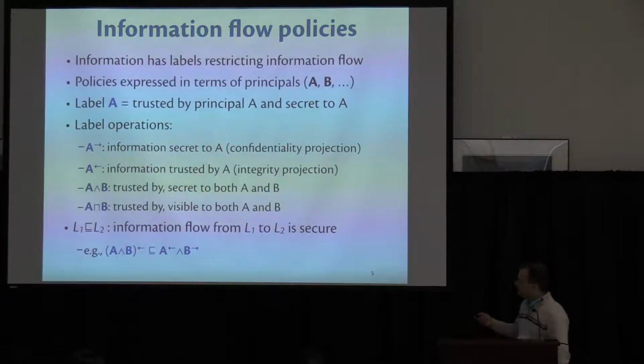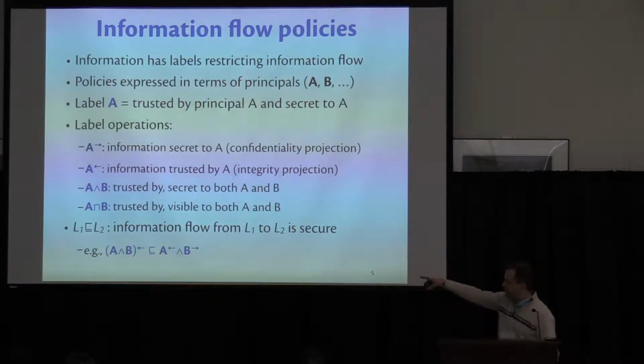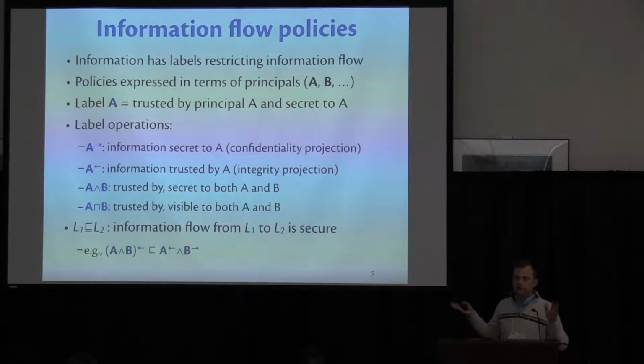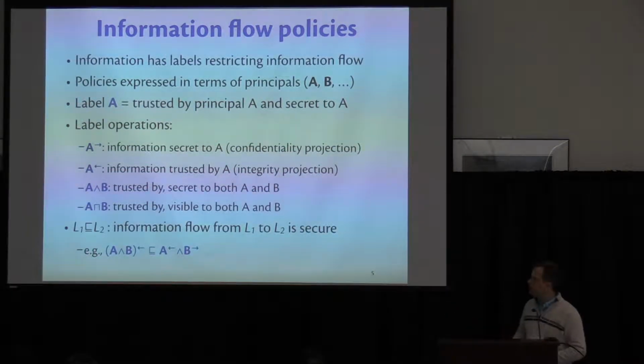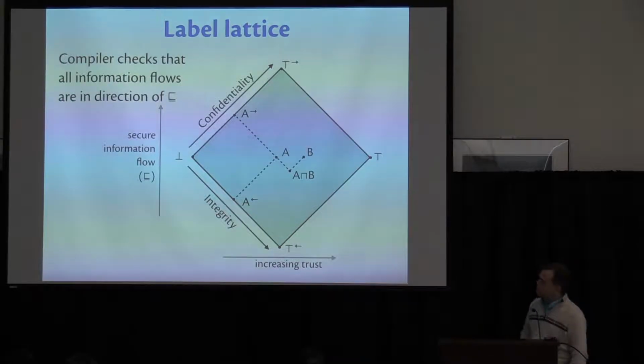And the other point is that these various operators can be combined, so we can talk about the integrity of A and B simultaneously, and there are various nice algebraic identities that you can employ, and all I think are pretty intuitive. So then this space of labels forms a lattice, ordered by that square less than or equal operator, and the compiler is going to check that all the information flow in the program is secure in the sense that it goes in the direction of the lattice.